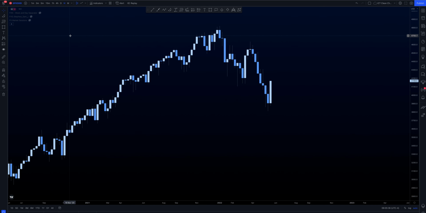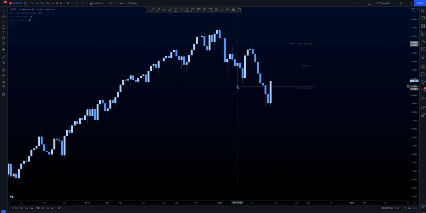So if we have a look at the US 500, so the S&P 500, same thing here. But what I'm favouring into the start of the week is we've actually got some, I would say, objective potential support here.